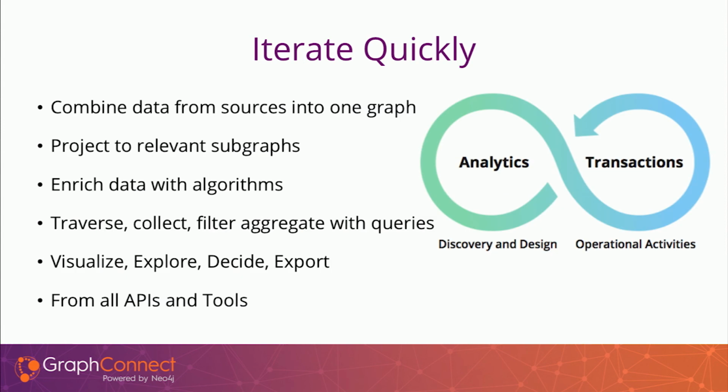Okay, basically what we want to enable everyone to do is take your data, pull it together in one graph, run your compute, enrich the data, and then use this new information from running the algorithms to improve the quality of your transactional queries, be it for recommendations, for detecting certain things, or for providing more information to decision makers and so on.